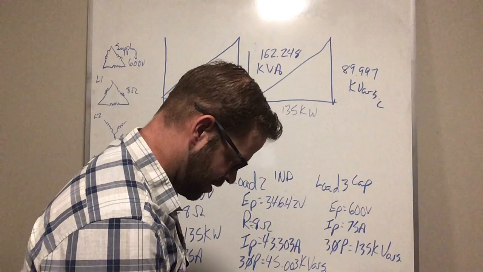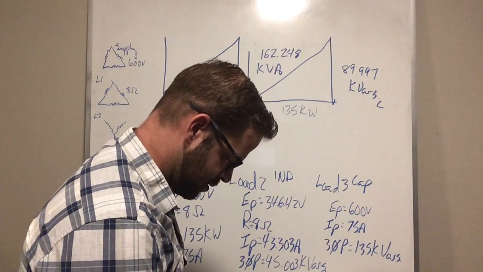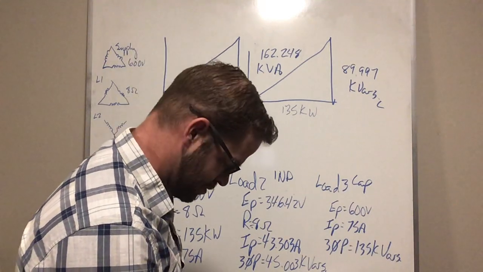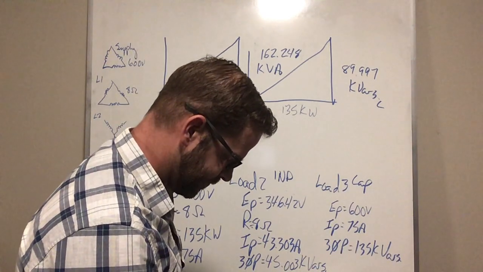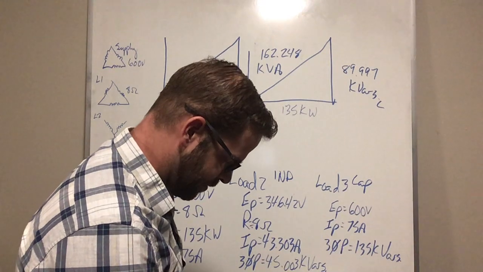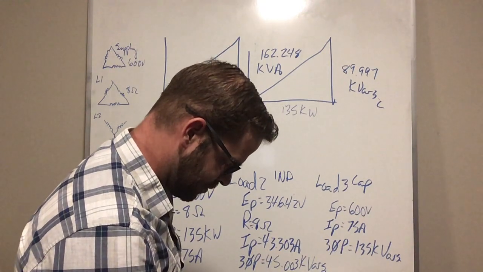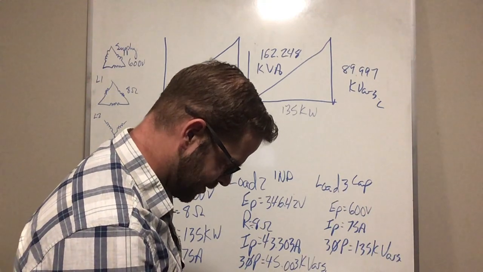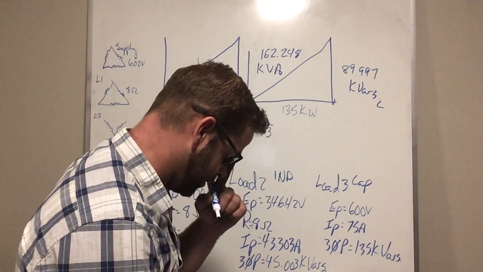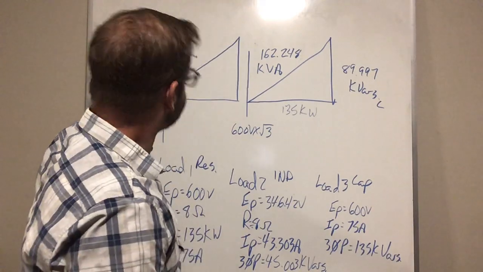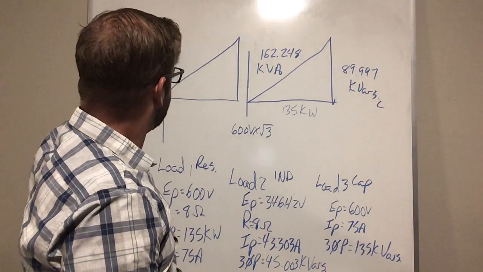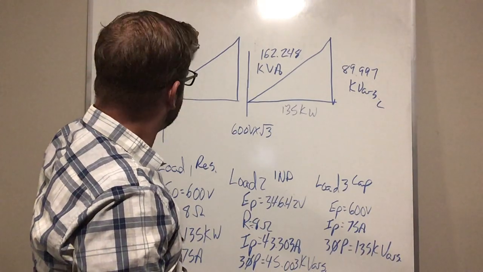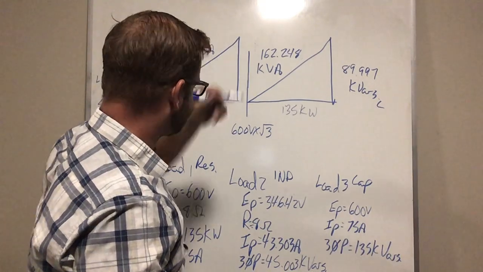So 162.248 divided by 600 times root 3 gives us a total line current of 156.13 amps.